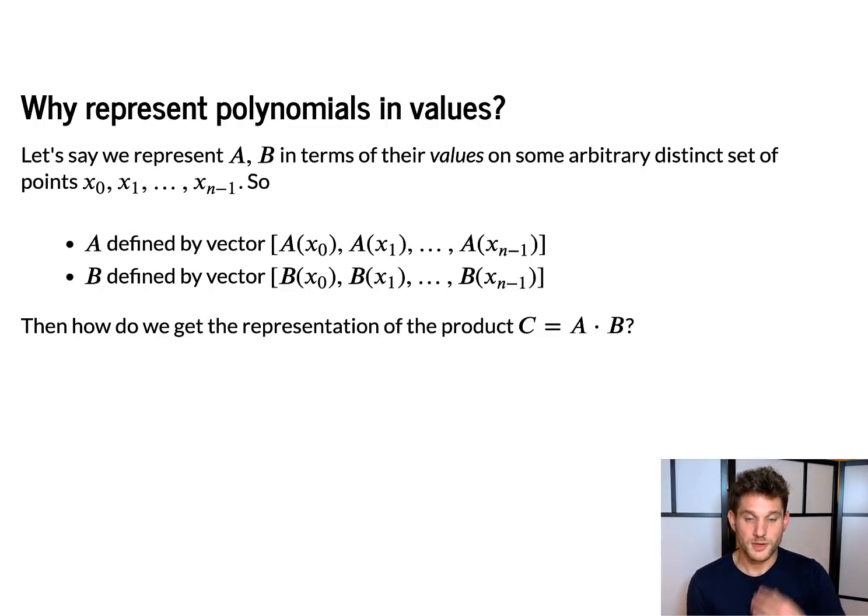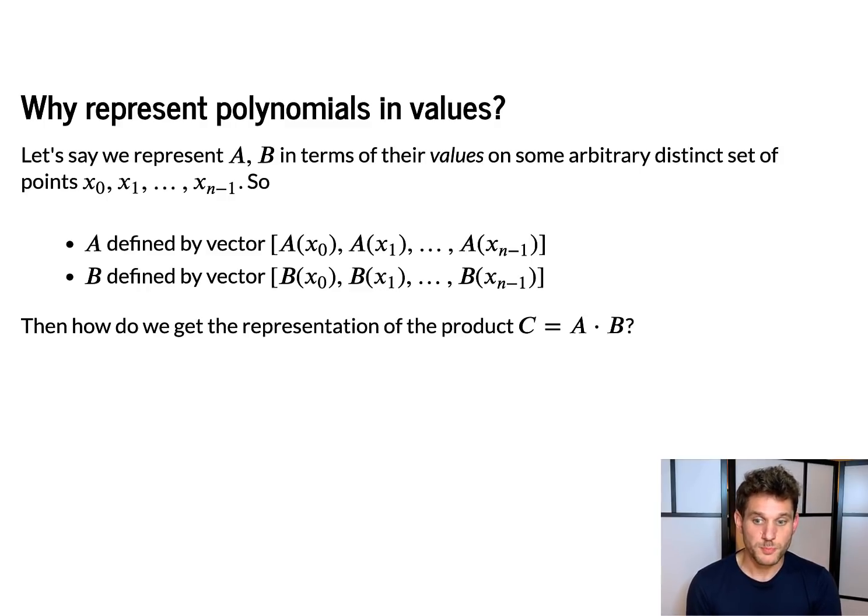Okay, so it turns out this is going to make polynomial multiplication much faster. Let's assume that we have polynomial A represented in terms of the values it takes at x0 through xn minus 1, and similarly polynomial B we have represented in terms of the values that it takes at x0 through xn minus 1. Now I want to compute the product of polynomial A times B, right?